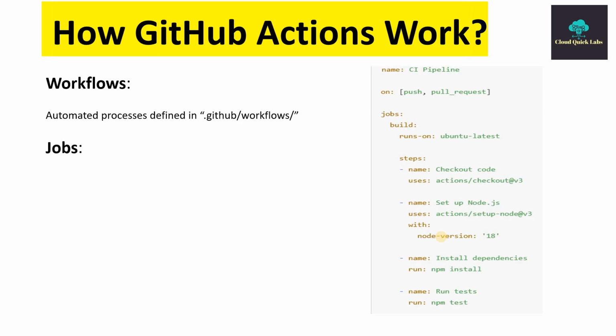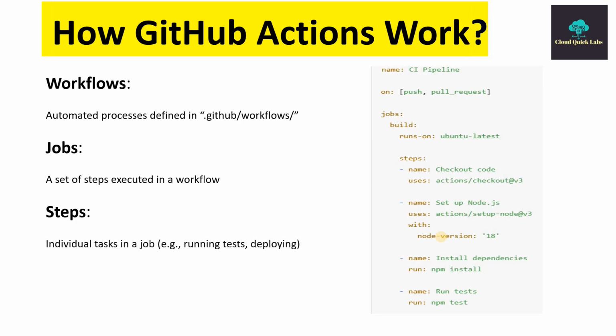So let's see it in detail. As I explained, the developer will define the workflow underneath this folder. Then the job is basically a set of steps that is executed in the workflow. The steps are basically an individual task within a job, like running the test and deploying it.